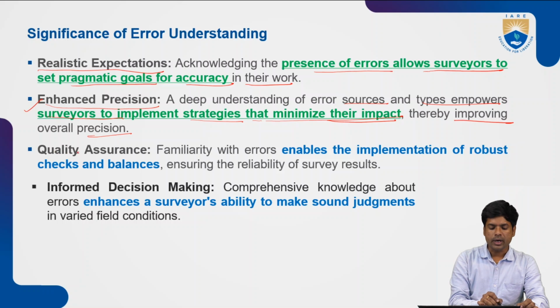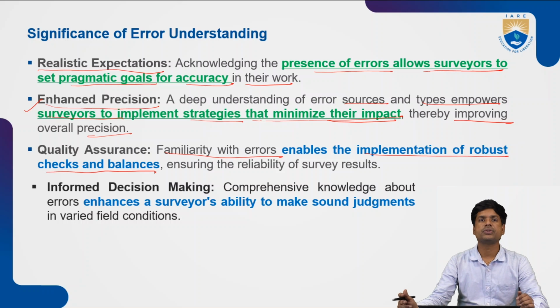And next one, quality assurance. Familiarity with the errors enables the implementation of robust checks and balances. If you have the knowledge about the errors, then you are going to take care before the start of surveying, like checking whether the instrument is calibrated or not, and checking the area before the survey.